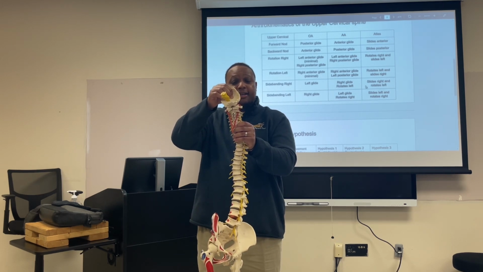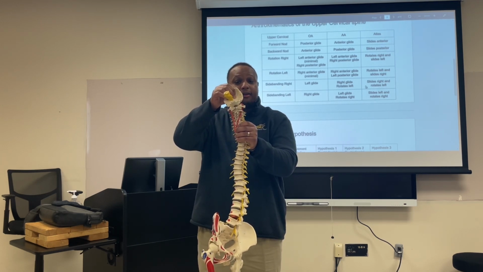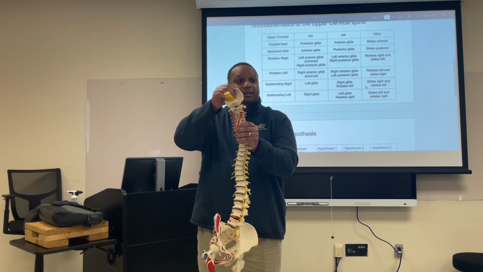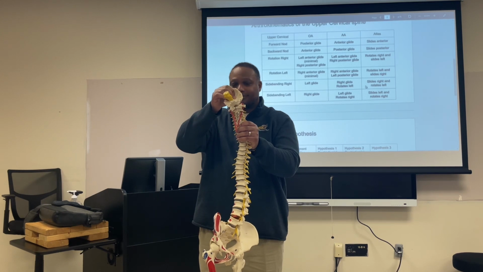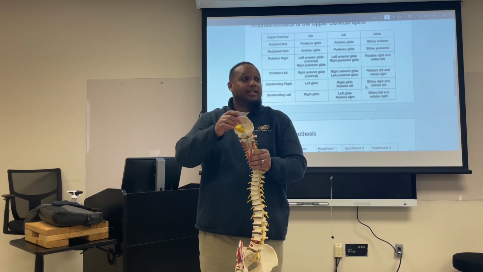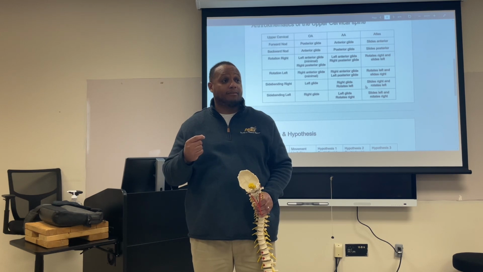At the AA, I get the atlas with side bending right, sliding where? To the right. Now, with side bending right, which way does the atlas rotate or have to rotate? The atlas has to rotate to the opposite side.